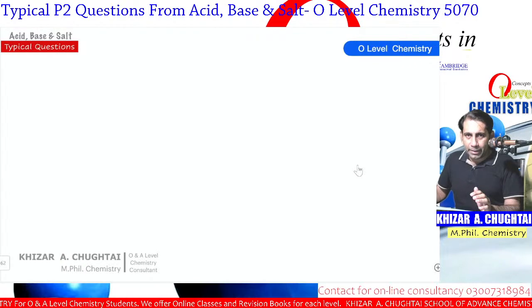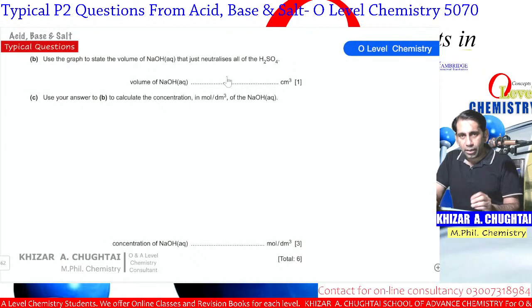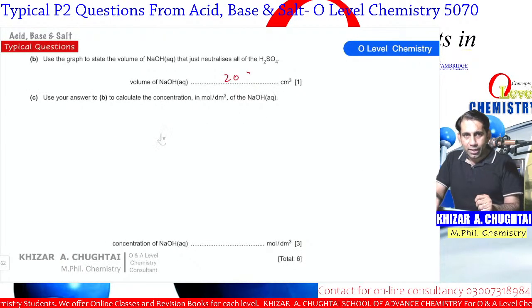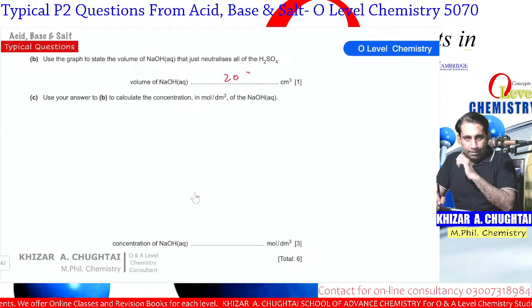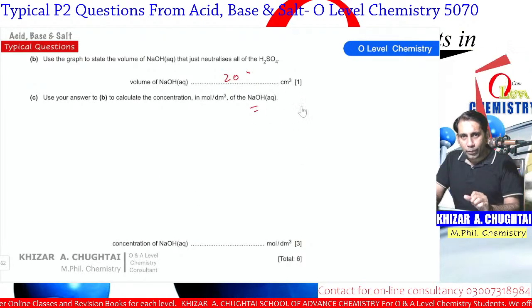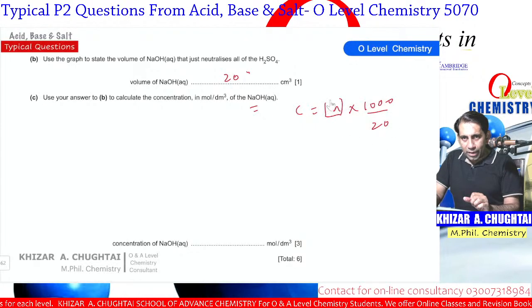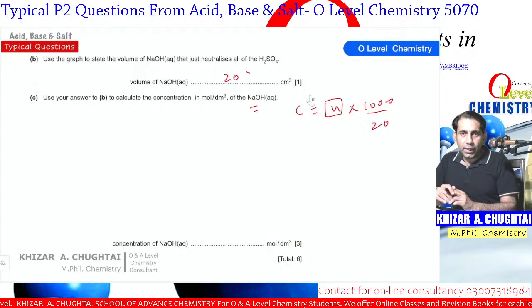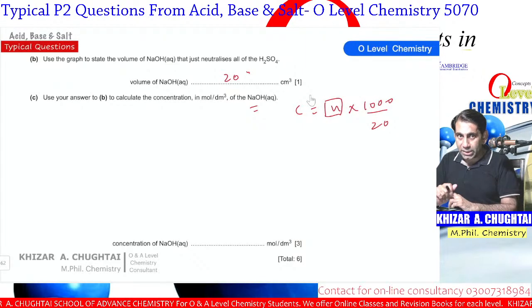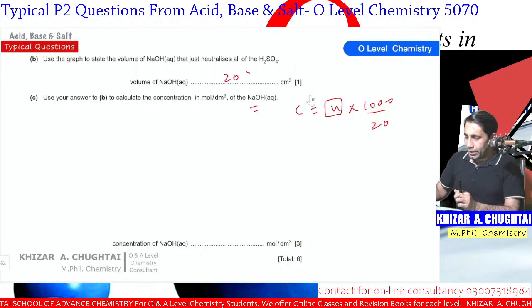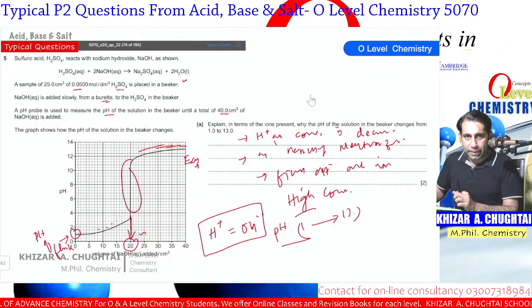So 20 cm3 is required for this complete reaction. Again, he is asking to calculate the concentration of the sodium hydroxide. Once again, C is equal to N into 1000 over V, and in this case V is equal to 20. You will have to calculate the number of moles first from the given data on the previous pages.